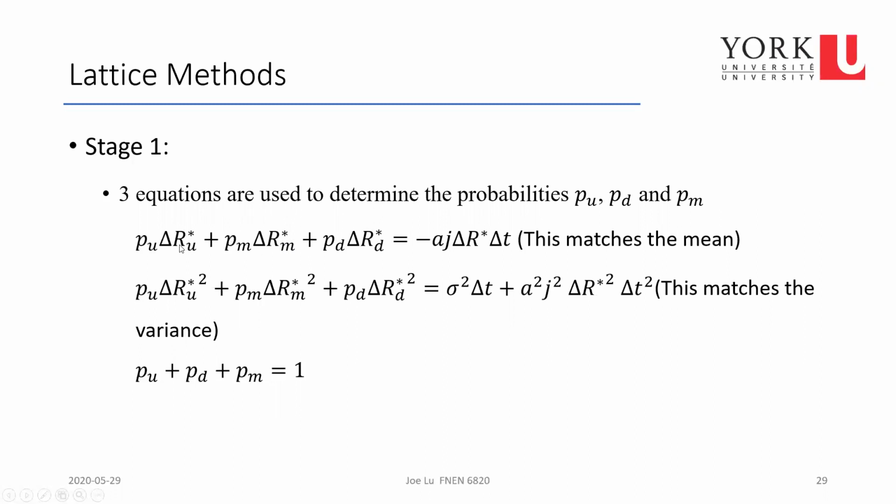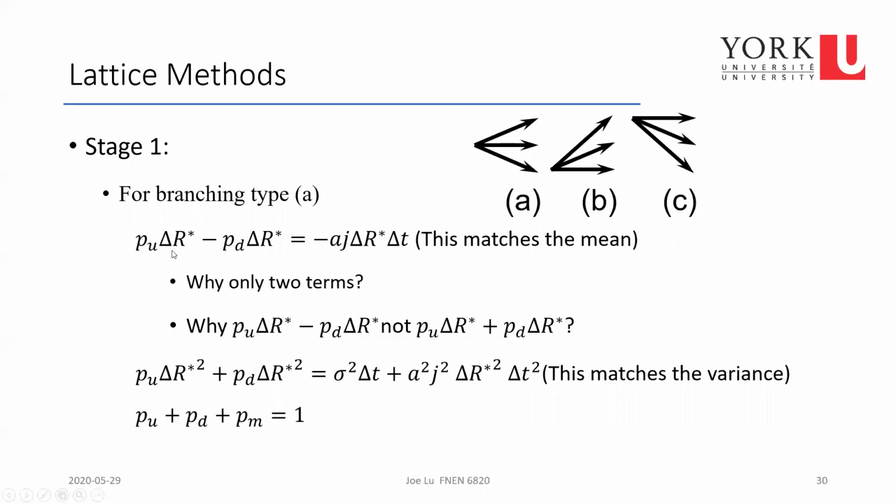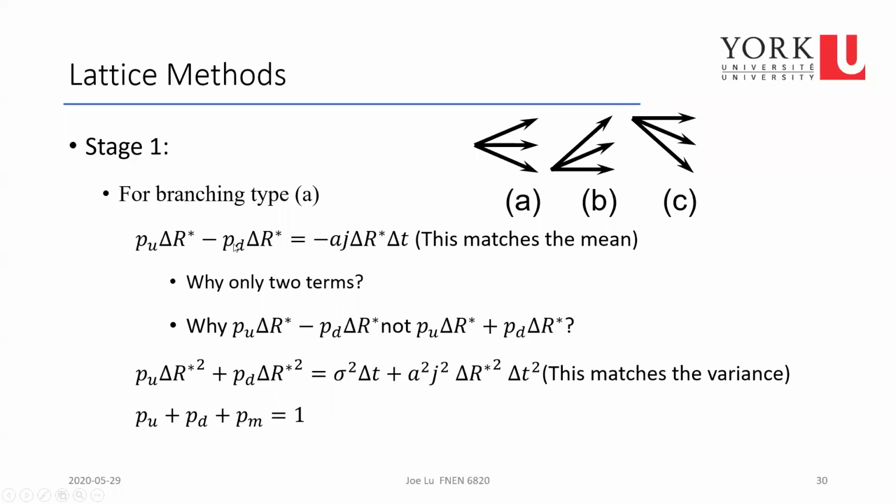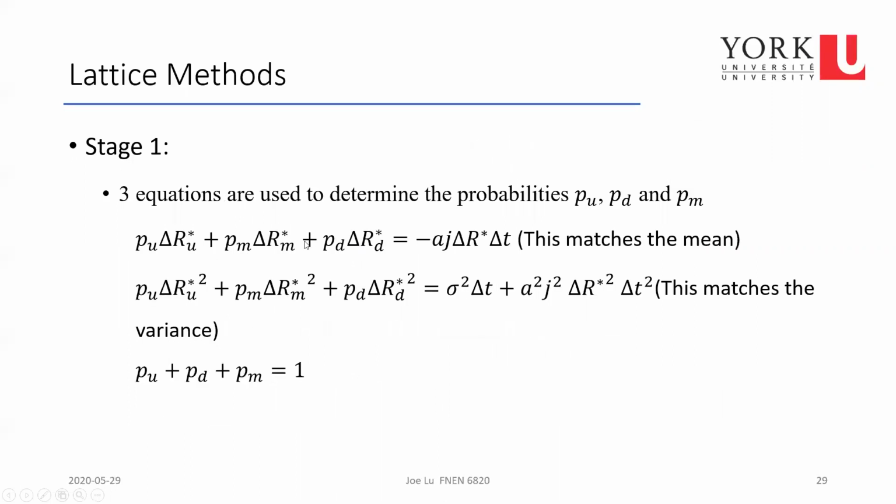So that gives us the first equation there. And now you look at this one, compare this to this one here. We drop this, but here we also change the sign. It's minus PD delta R star. And why is it not plus? Well, we have to change the sign.